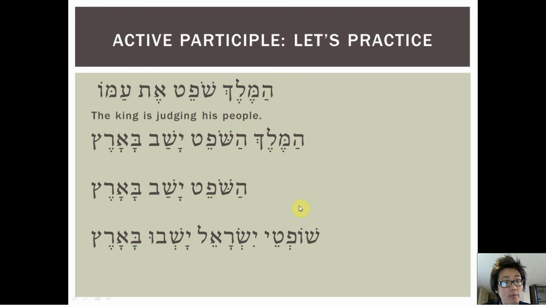So here we're probably going to have an example of a participle functioning adjectivally, that is, to attribute the action of shofet, of judging, to Hamelech. And what is this king doing? Yashav ba'aretz, he lived in the land. So how would we put all this together? The judging king, or the king who judges, lived, yashav ba'aretz, the bet plus the definite article on eretz. So the judging king lived in the land.